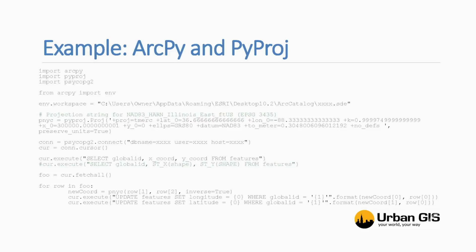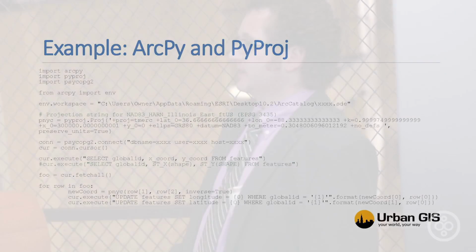With this, I was able to loop through all the data, which is stored in a Postgres geodatabase, and I like to work with the data directly. I like to do things at the core, if you will.